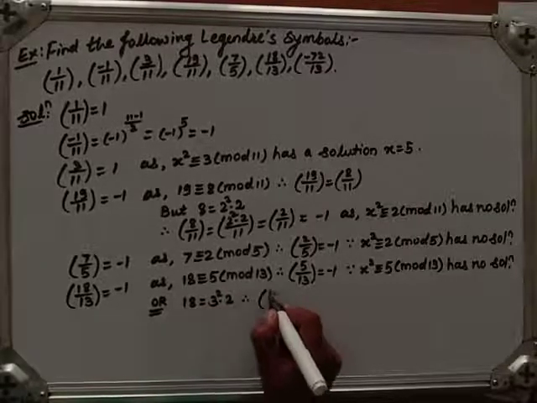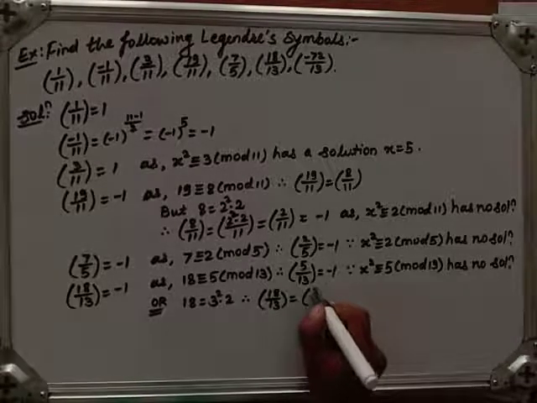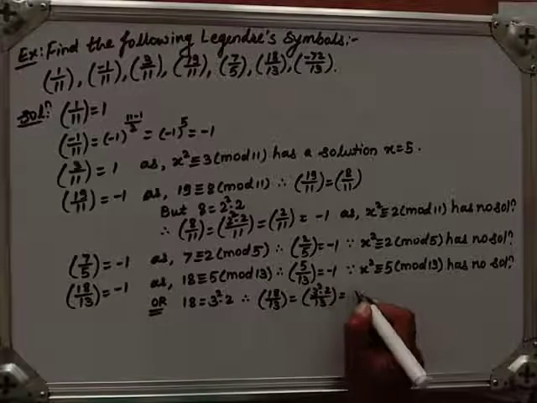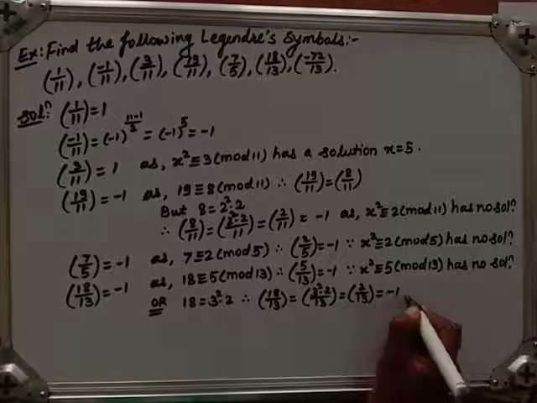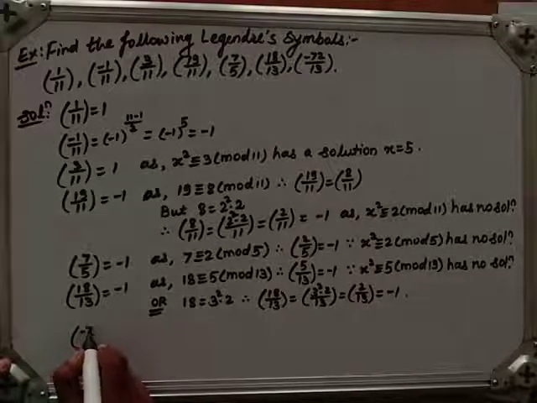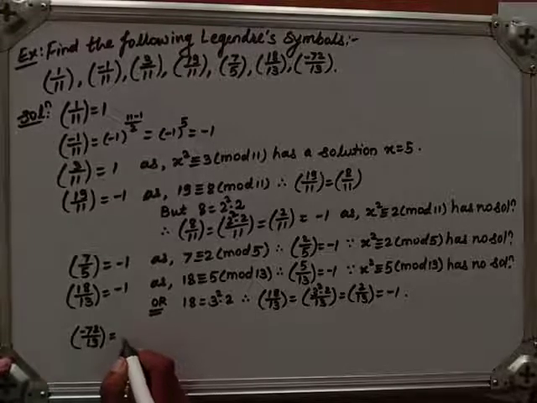Therefore, Legendre symbol of 18 by 13 is the same as Legendre symbol of 3 square times 2 by 13, which is Legendre symbol of 2 by 13, and that is minus 1.